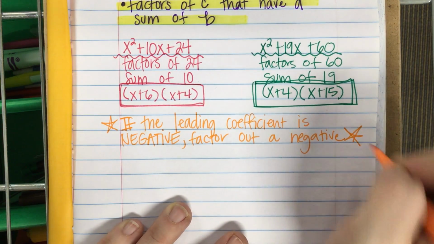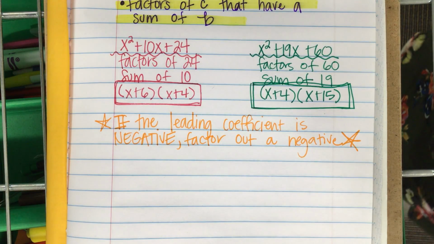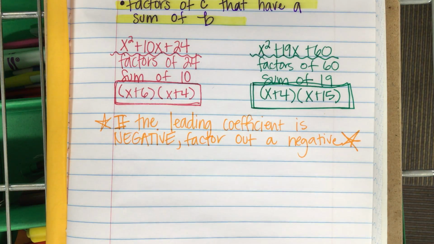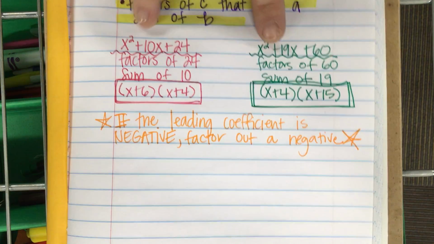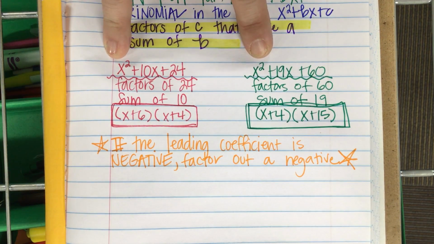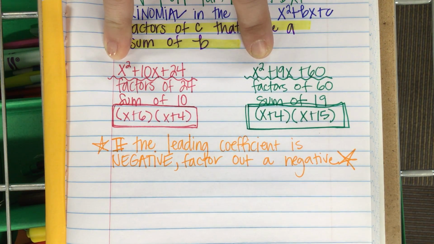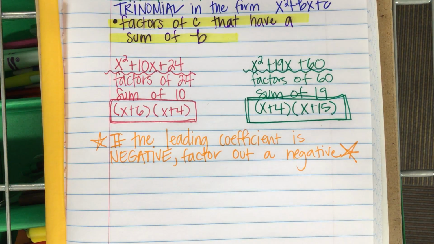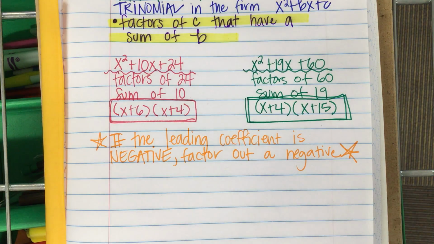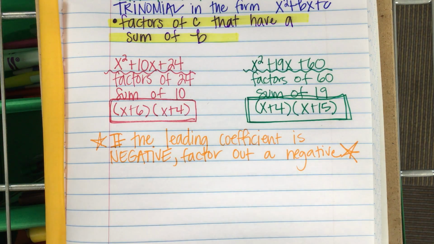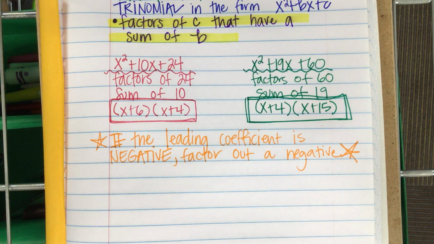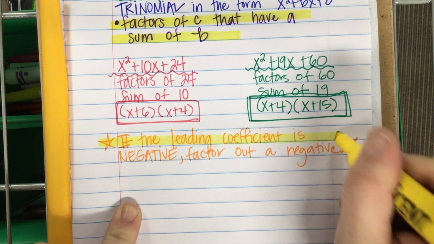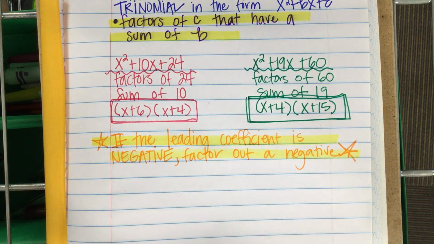Yesterday, it was if everything was negative. Today, it is if the leading coefficient is negative. Because if you look up here, you guys, are there leading coefficients? No, there is no leading coefficient. It's 1. So it's not there. If your leading coefficient is negative, factor out the negative.